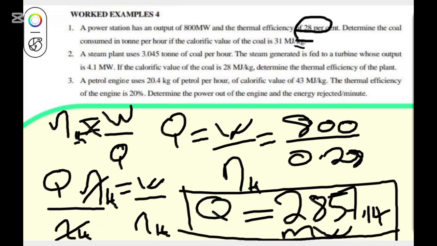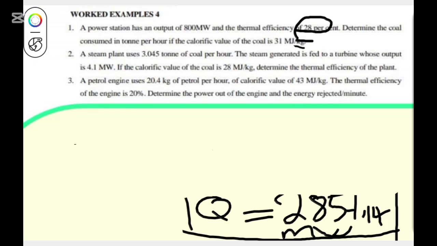So this is the value of Q. You have to take note that we have to find the coal consumption rate, determining the coal consumed in ton per hour.